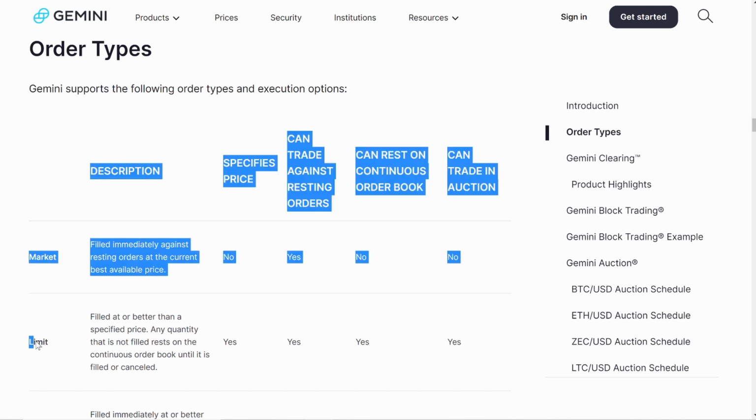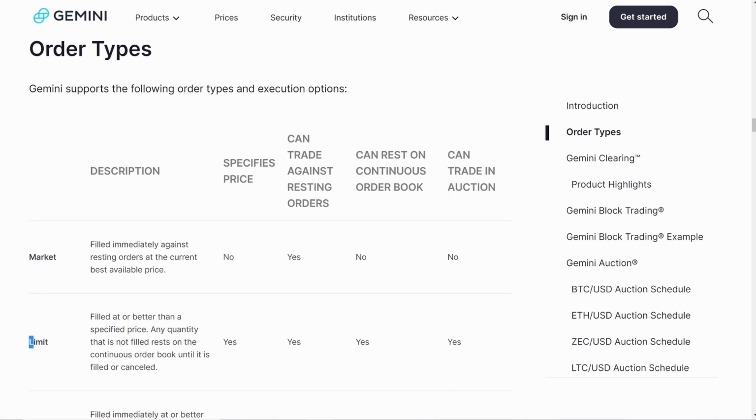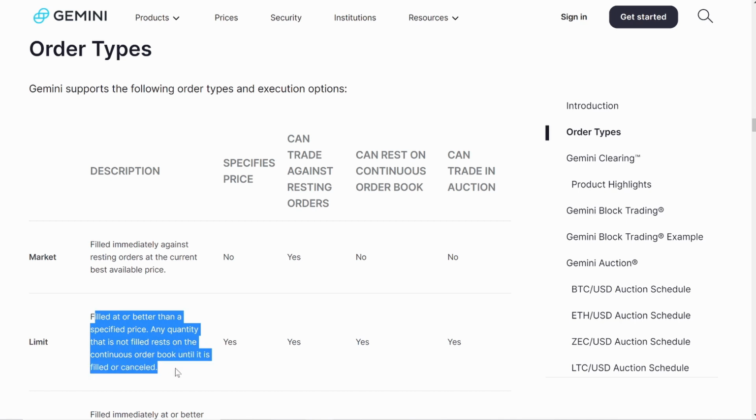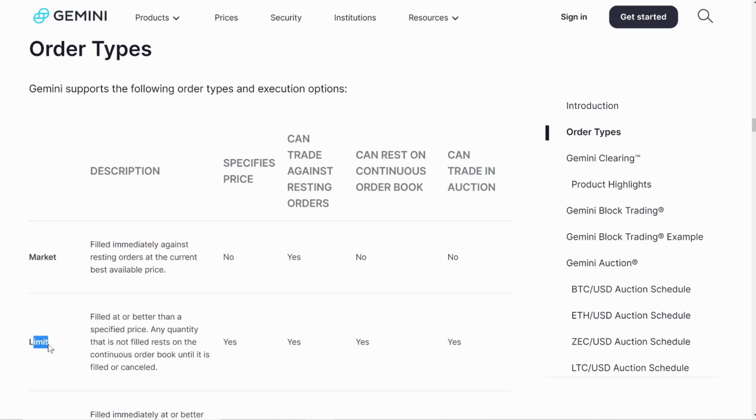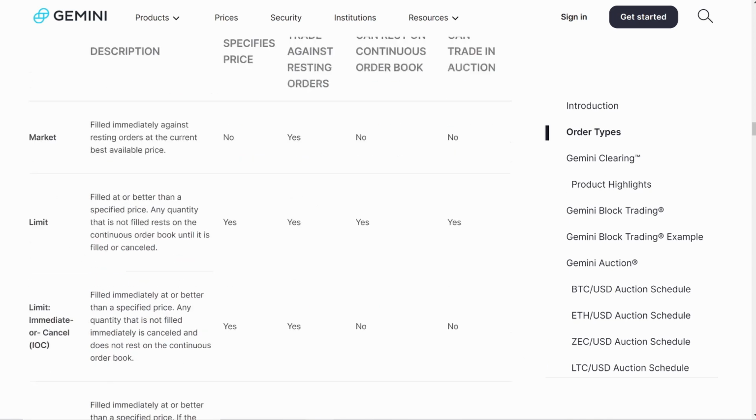Limit order, which is what I do 99.9% of the time, is filled at or better than a specified price. Any quantity that is not filled rests on the continuous order book until it is filled or canceled. This is what I do all the time. This is what I would recommend people to do. Again, not financial advice. I'm just teaching you the terms of market order and limit order.